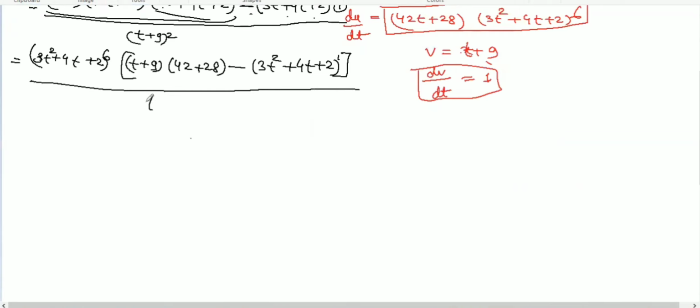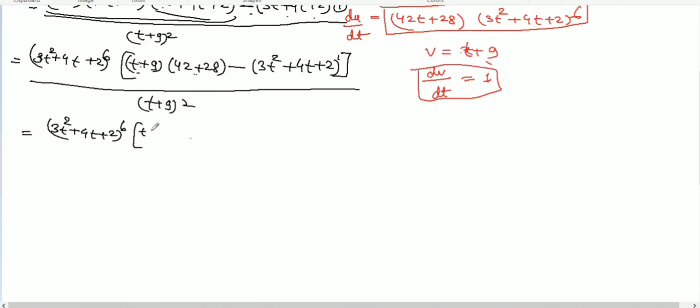All over t plus 9 whole square. Now write down here, next step is 3t square plus 4t plus 2 to the power 6. And here you can multiply it out first inside the bracket.